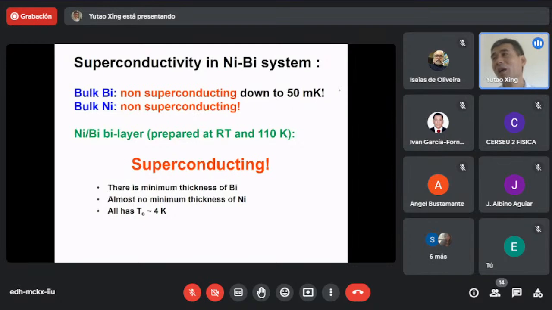So where does the superconductivity come from in this nickel-bismuth bilayer? The TC is quite high compared with the TC of pure bismuth. It's about 4 Kelvin.